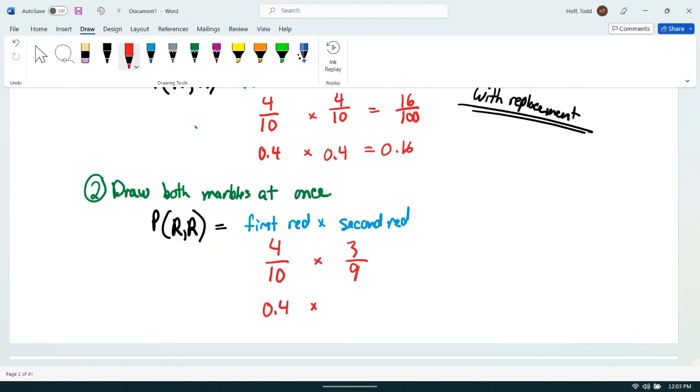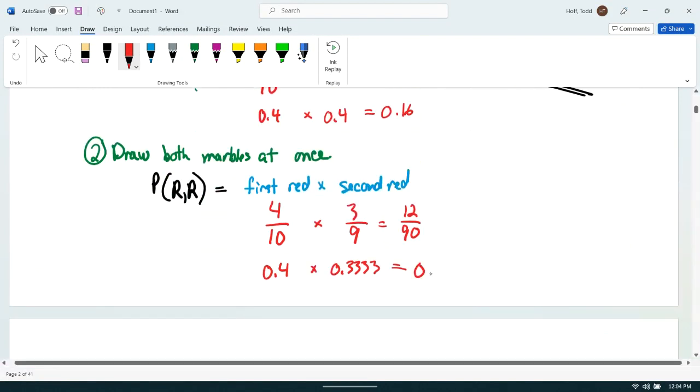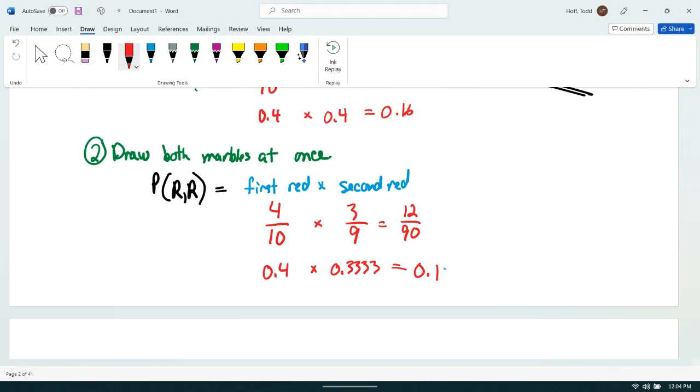That probability has changed. 4 times 3 is 12, 10 times 9 is 90. This is now 12 out of 90. 3/9, of course, is 0.3333. 12 out of 90 comes out to be 0.1333.